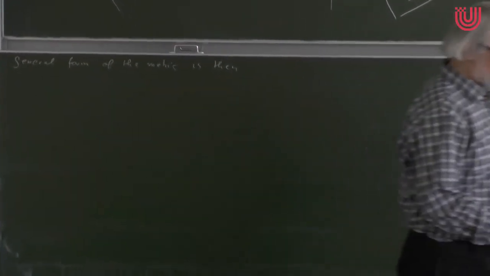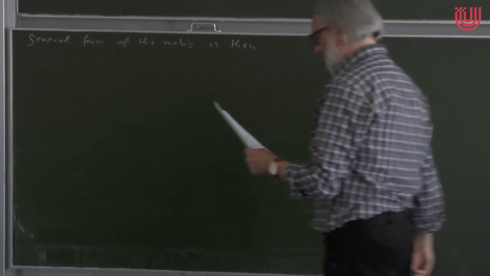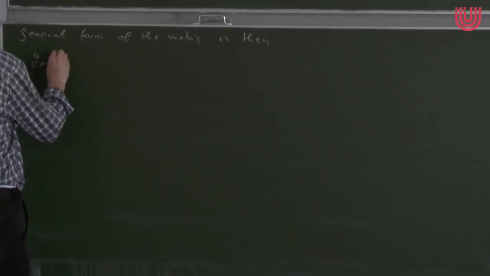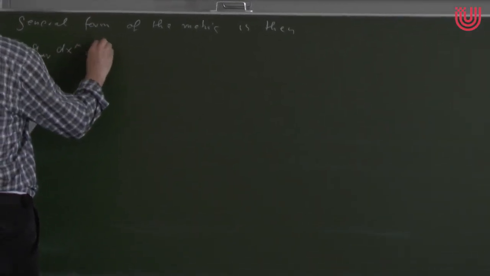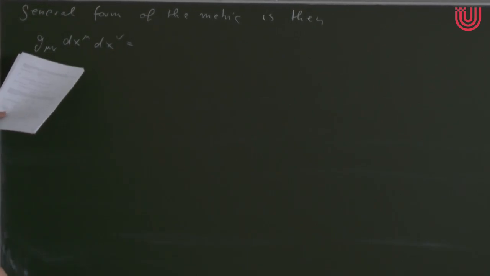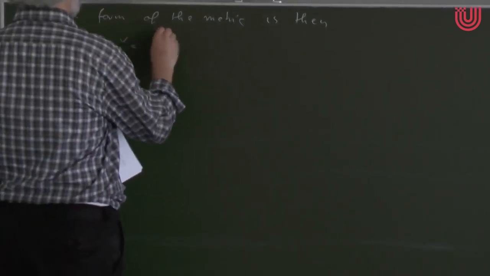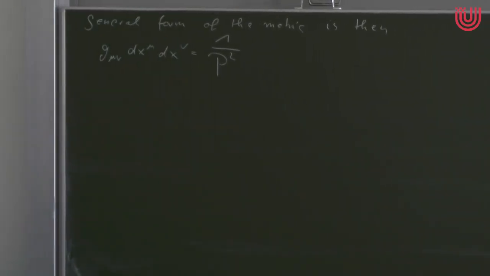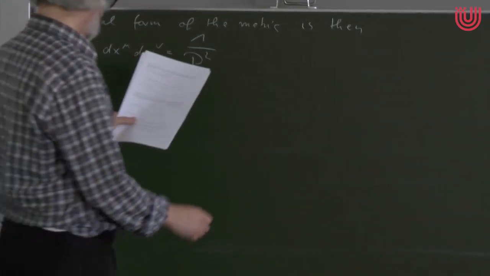So you have these coordinates, psi, eta, rho, and sigma. I give you the metric in these coordinates. So there's a function 1 over capital P squared. I tell you in a minute on which variables the functions depend.